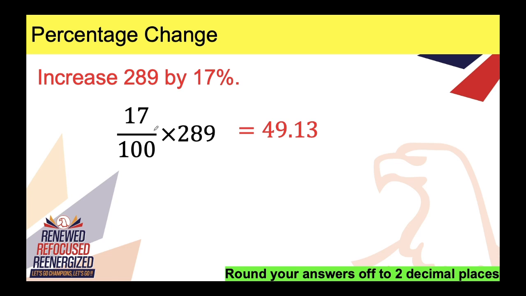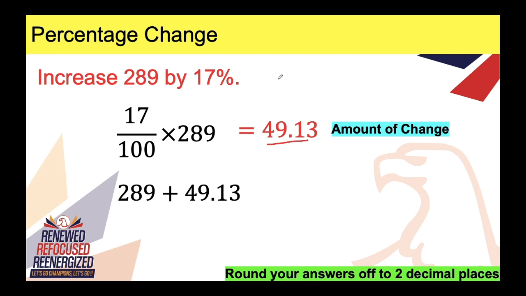It means that once you got this value here, 289 should be increased by this amount. This is what we call the amount of change. Okay? So since it's an increase, that means the operation should be plus. So 289 plus 49.13 gives us 338.13, and this is now the new amount after the change.